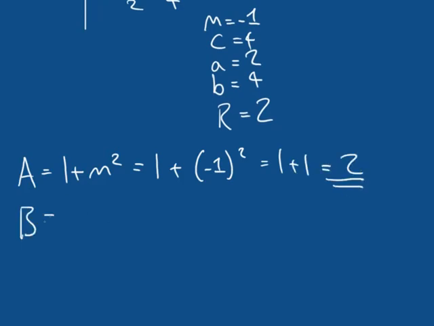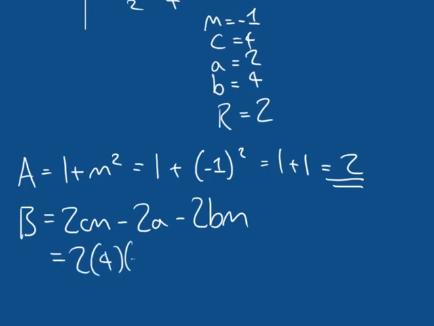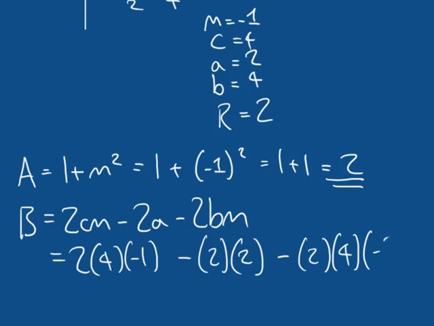B is equal to 2cm minus 2a minus 2bm, which is equal to 2 times 4 times -1, minus 2 times 2, minus 2 times b is 4, m is -1.